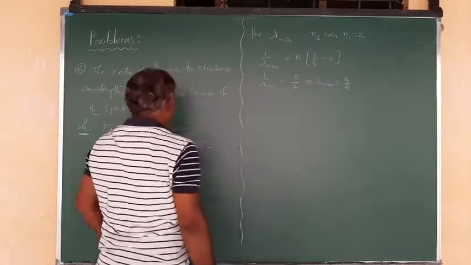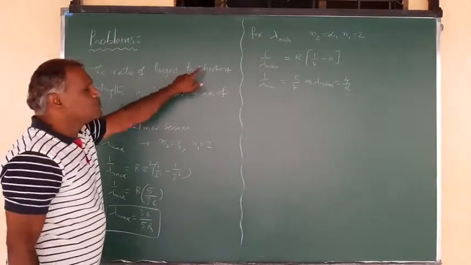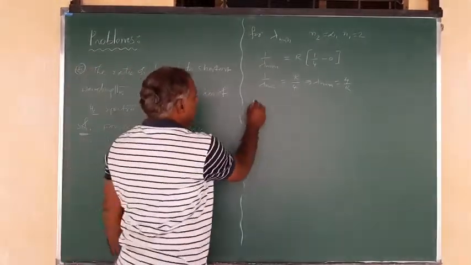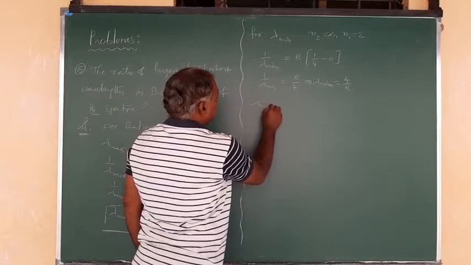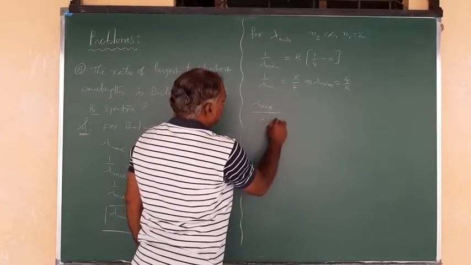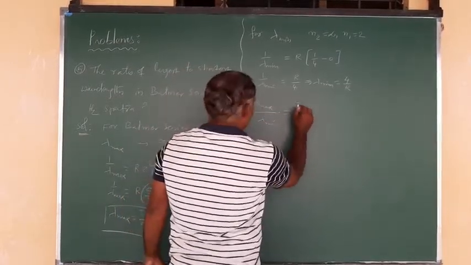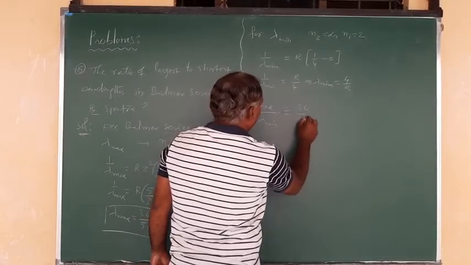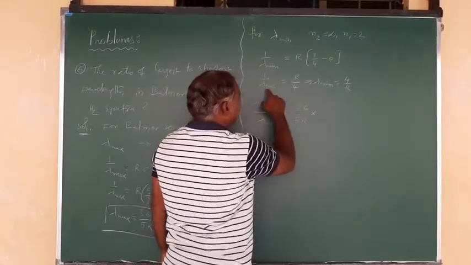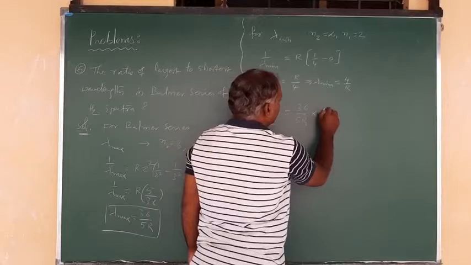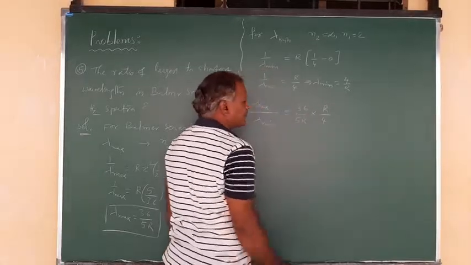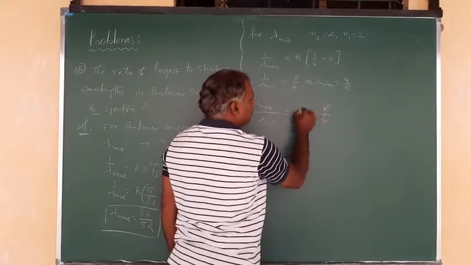Now you can write the largest to shortest. Lambda max upon lambda minimum is equal to 36 upon 5R divided by 4 upon R. So the R's cancel, and 36 by 4 is 9.